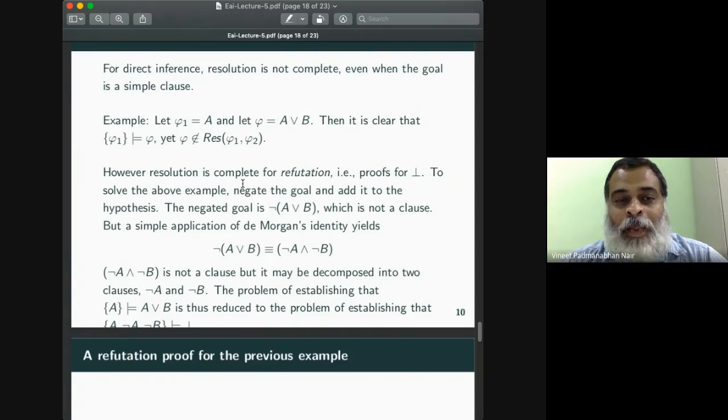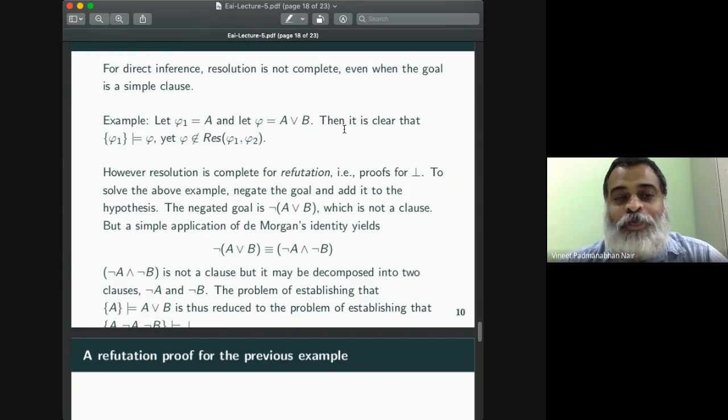But if you actually take the refutation procedure, then you can negate what you want to prove, find a contradiction and then say that therefore A or B follows from A, because the negation of A or B does not follow, which means A or B actually follows. This is the idea.